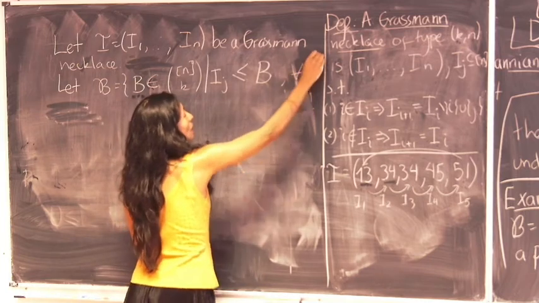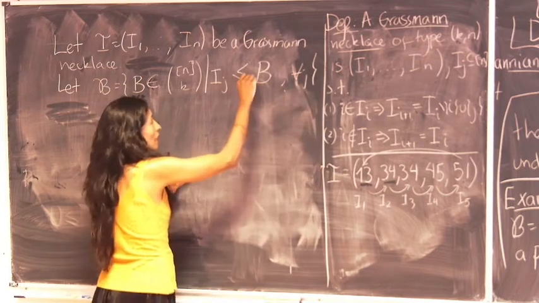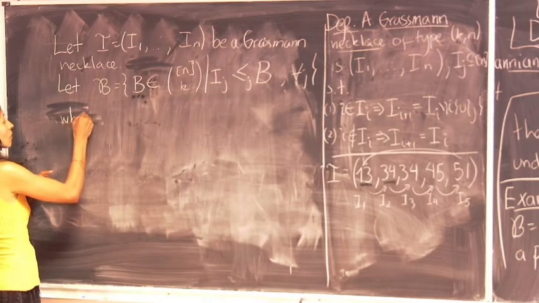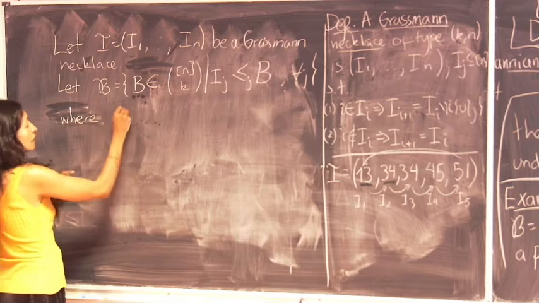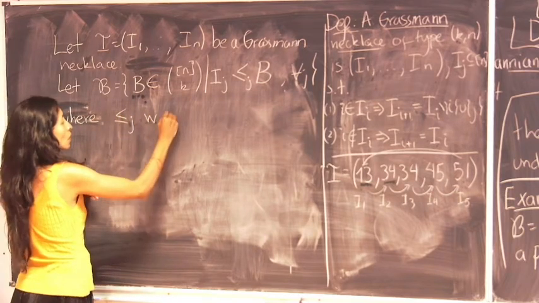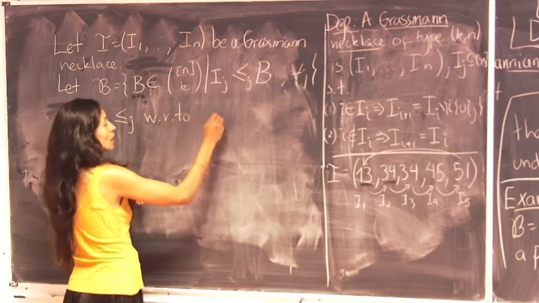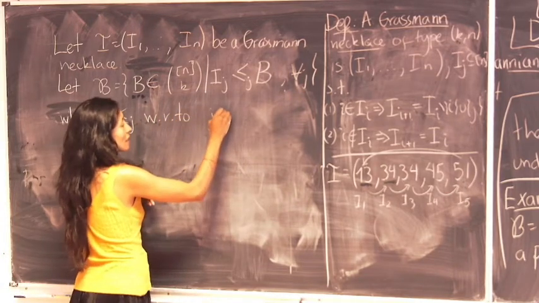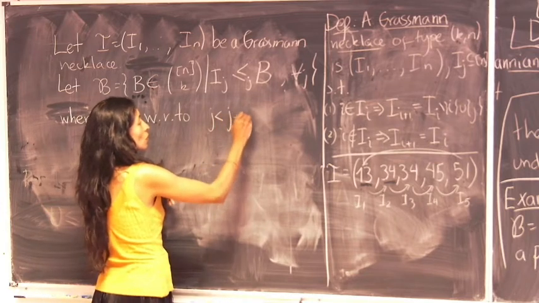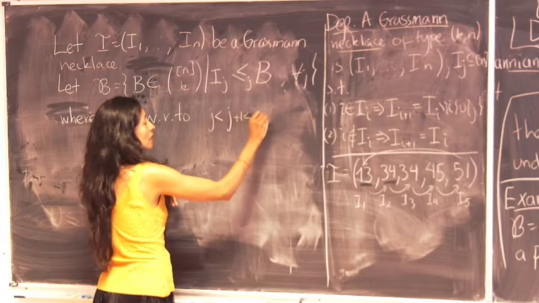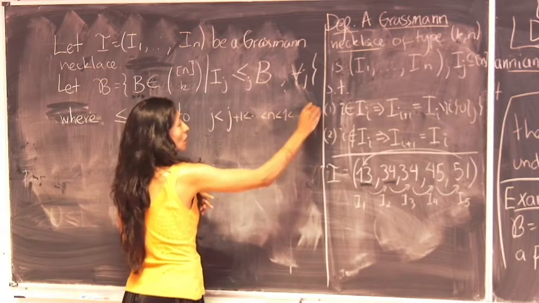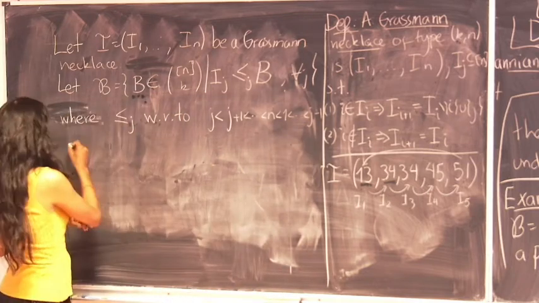And this bigger than or equal, I'm going to put here a sub j, where this order sub j is with respect to the order where j is the smallest one, then j plus 1, then up to n, then 1, then up to j minus 1.